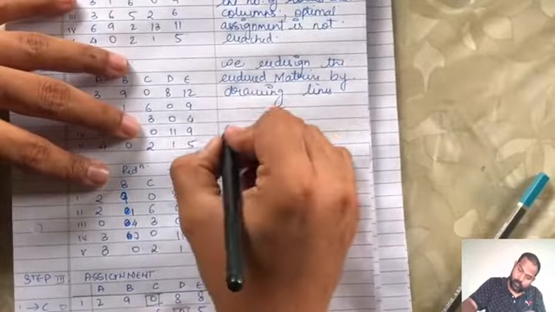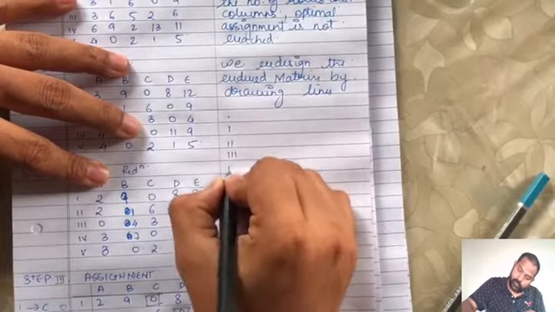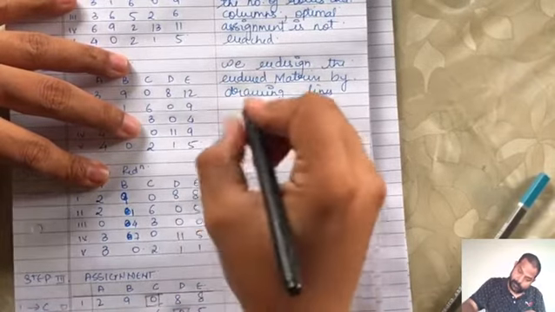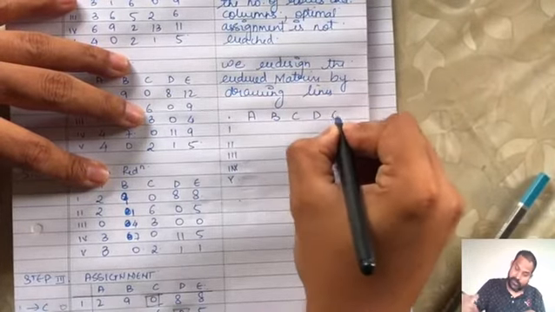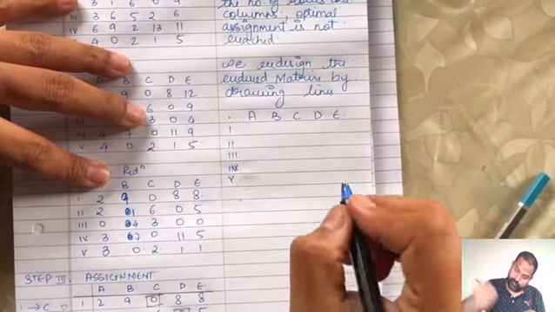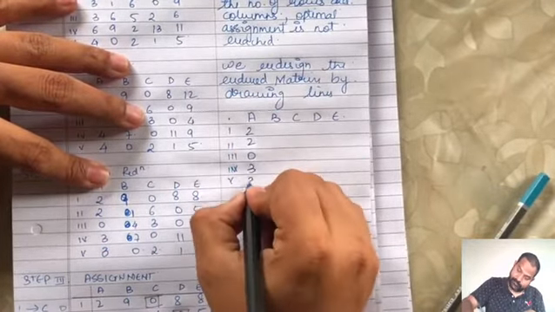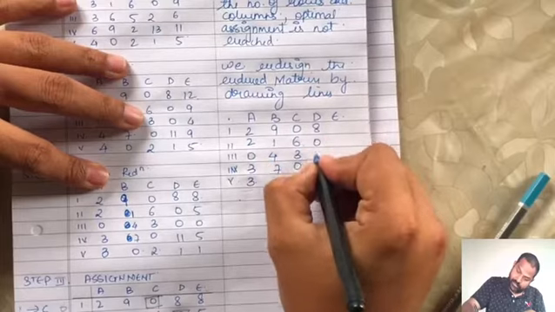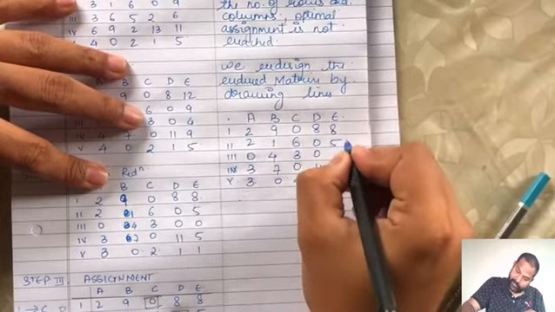So 1, 2, 3, 4 and 5, and I have A, B, C, D, E. So 2, 2, 0, 3, 3, 9, 1, 4, 7, 0, 0, 6, 3, 0, 2, 8, 0, 0, 11, 1, 8, 5, 0, 5, 1.